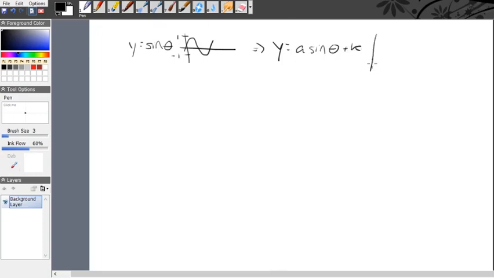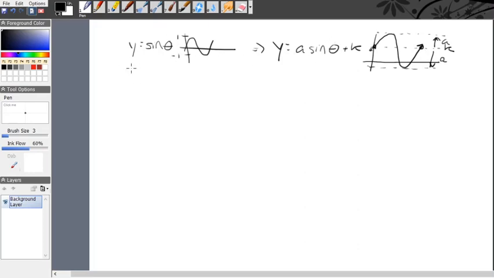We got some vertical transformation k, and we went to a maximum of up a and to a minimum of down a. My graph then went all the way up to the maximum, all the way down to the minimum, and then back again. Watch the first video if that's a little unclear.